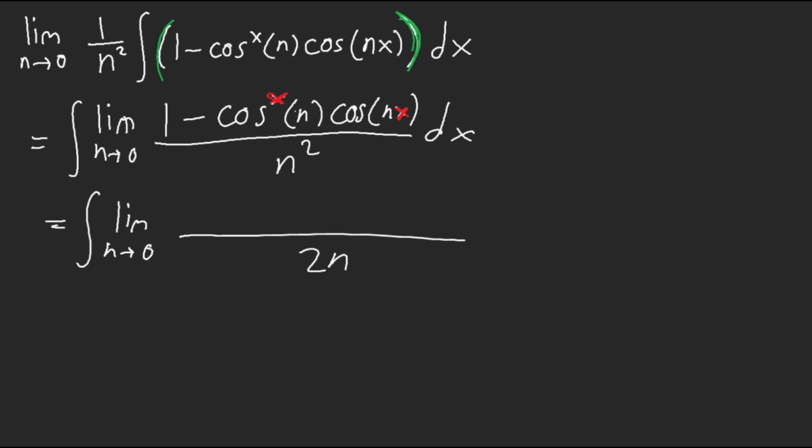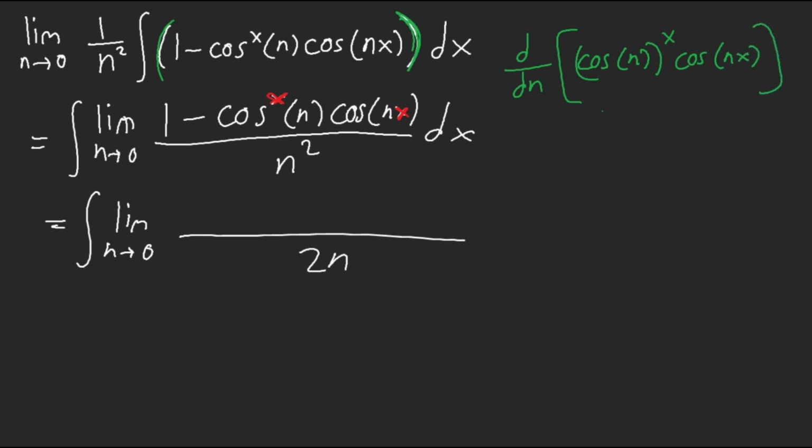But here, what is this? What on earth is this? How on earth do we derive, what is the derivative of cosine of n to the power of x of cosine nx?